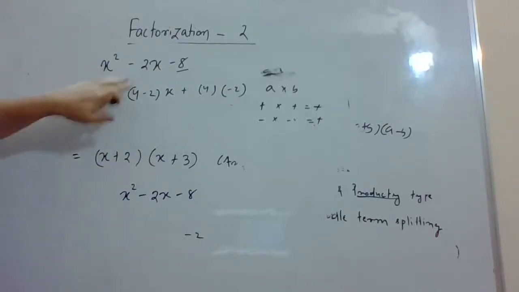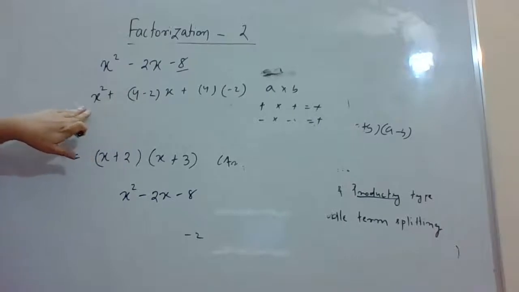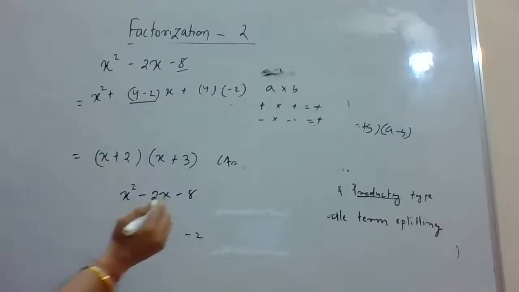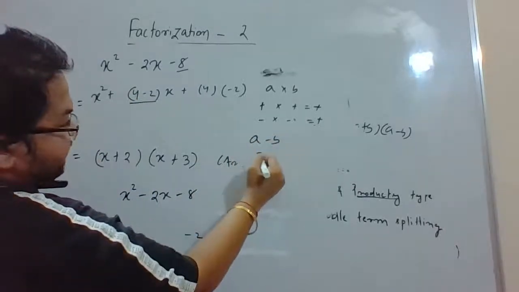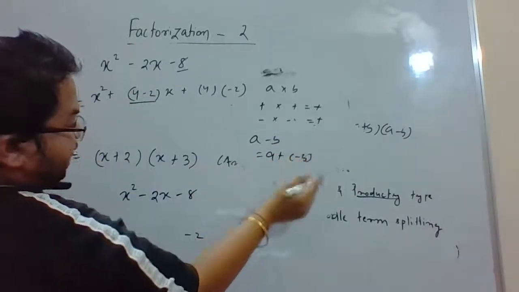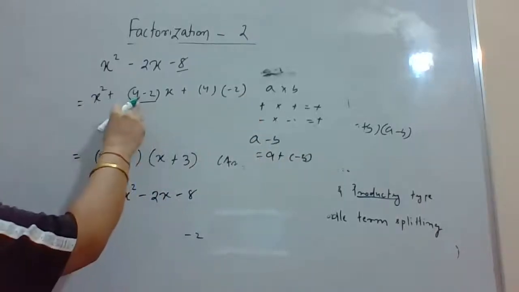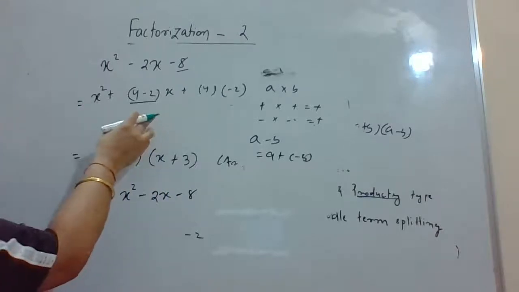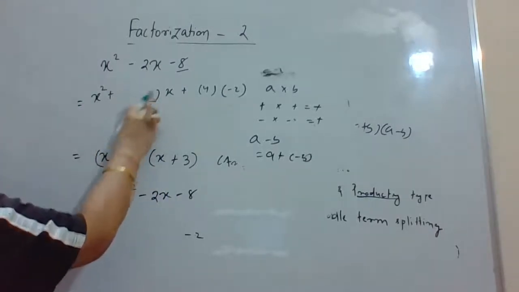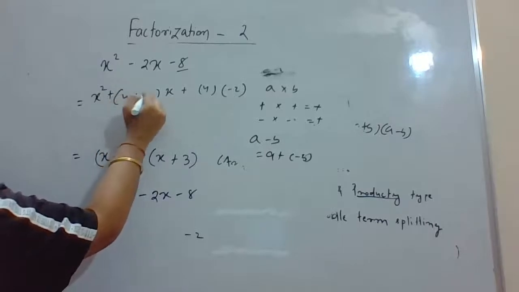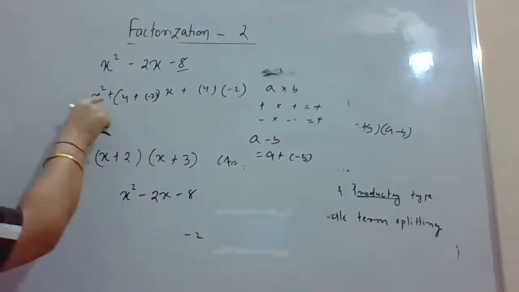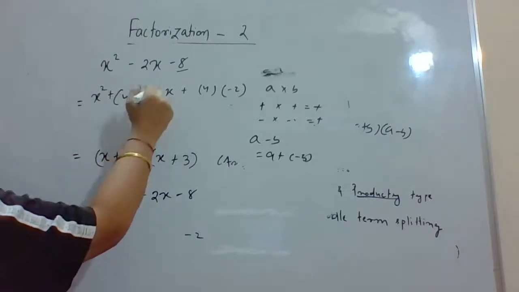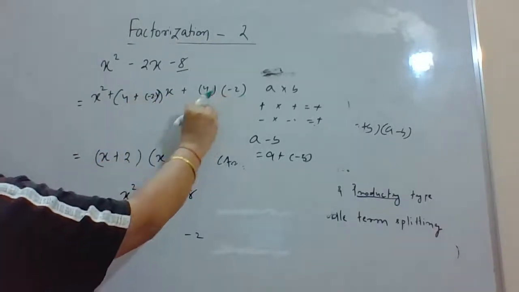So I again express this expression as x squared plus the summation of two things, and obviously we know a minus b is nothing but a plus minus b. As we are already in grade 9, don't say this is a summation, it's minus. So 4 minus 2 is actually 4 plus minus 2, right? So it is x squared plus (a plus b) into x plus a into b.